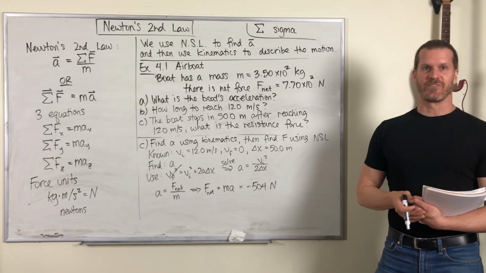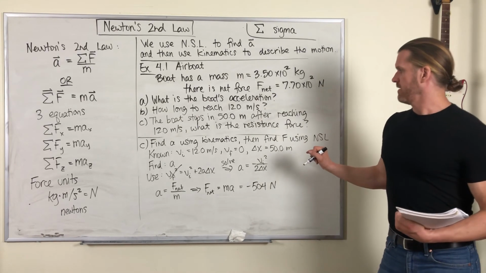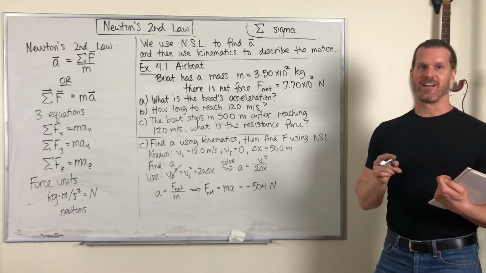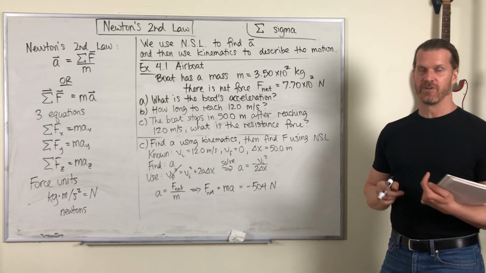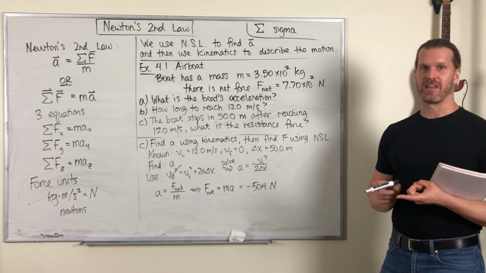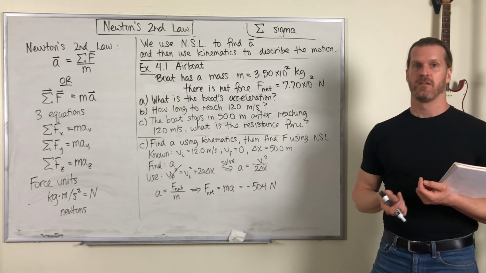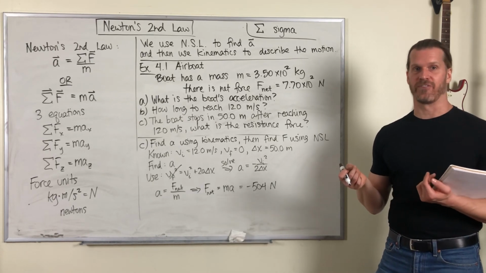Let me point out something with the signs here. Remember we talked about the signs, the relative signs between velocity and acceleration. When an object is speeding up, velocity and acceleration have the same sign, or they point in the same direction. When an object's slowing down, velocity and acceleration point in opposite directions.